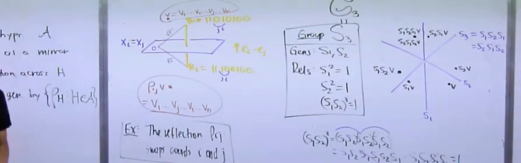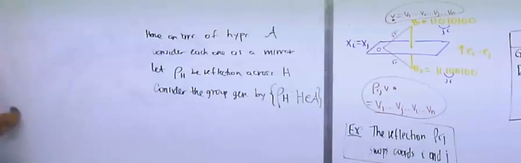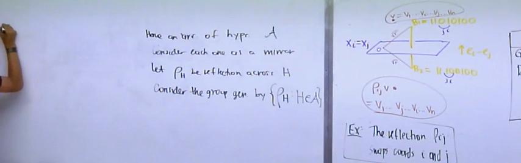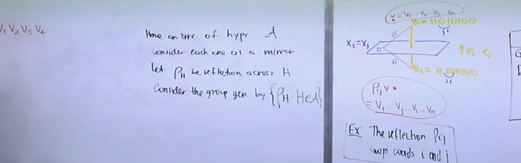So what happens then? You have some point V equals V1, V2, V3, V4. Let's say that we're in one dimension higher, but what I'm going to say here applies for any dimension.